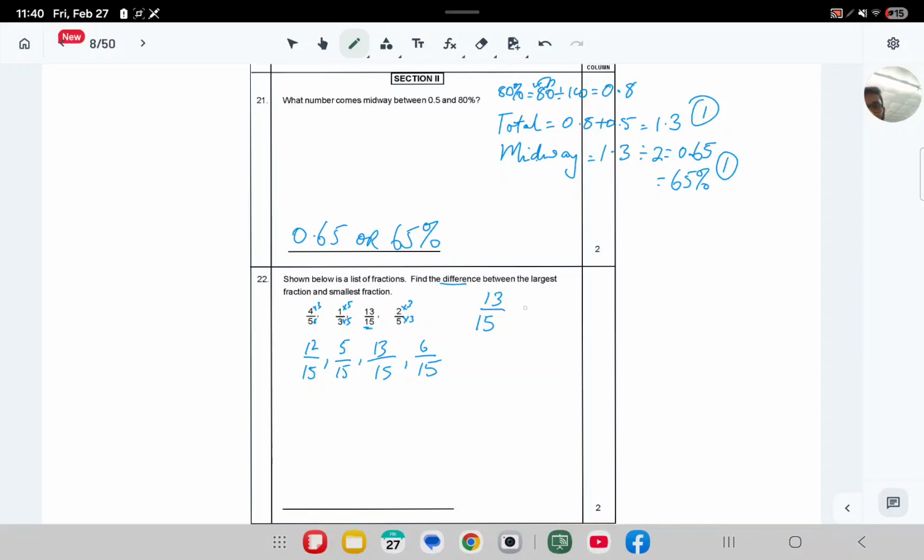Now we wanted to calculate the difference, so you take away 5 15ths, and that will leave us with 8 15ths. Alright, so the difference between the two is 8 15ths. You get 1 mark for getting the common denominator and identifying the largest and the smallest fractions, and you get 1 mark for finding the difference.